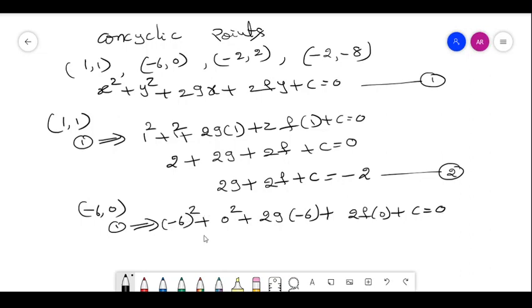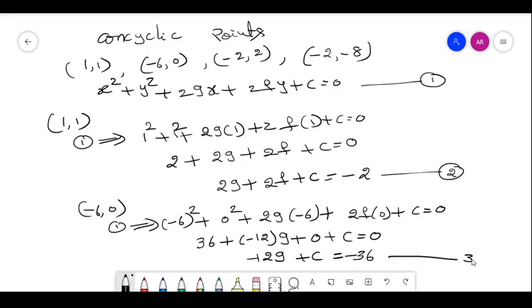Minus 6 whole square becomes 36, plus 0 square is 0, plus 2g into minus 6 is minus 12g, plus 2f into 0 becomes 0, plus c is equal to 0. Minus 12g plus c is equal to minus 36, 36 transposing that side. Take it, this is the third equation.